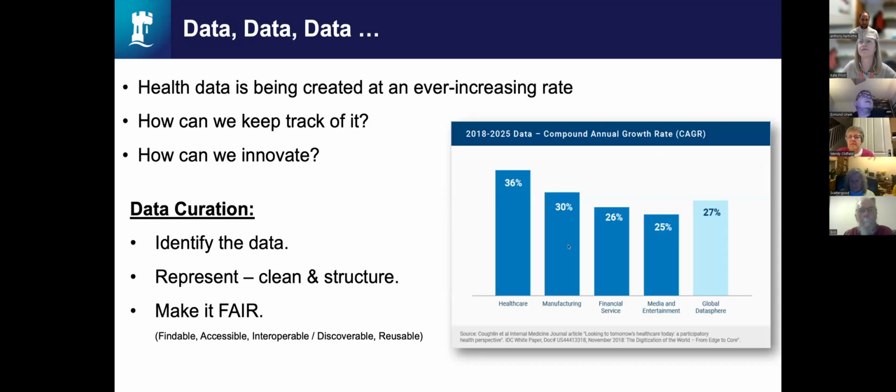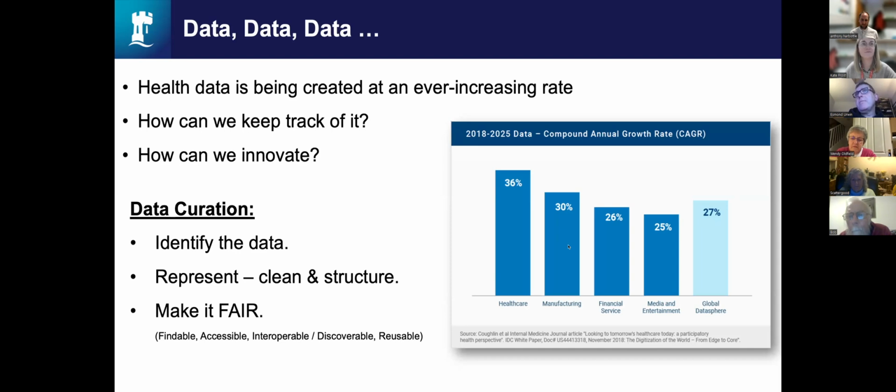Okay, so data, yes, everywhere, isn't it? Here's a wide-ranging view of the ever-increasing amount of data that exists and will exist over the next few years. As we can see, healthcare, 36% growth over this seven-year range.